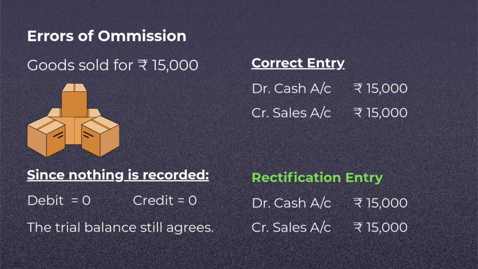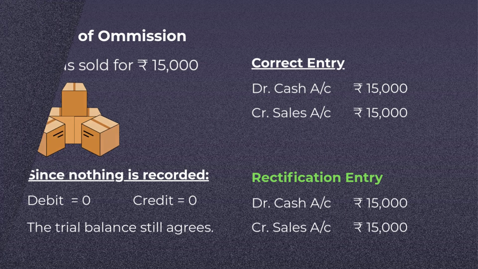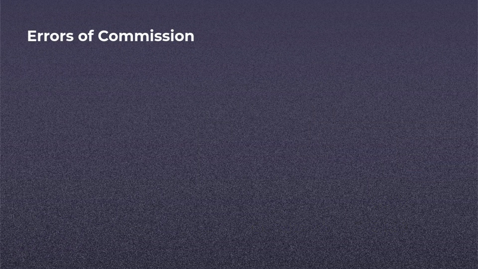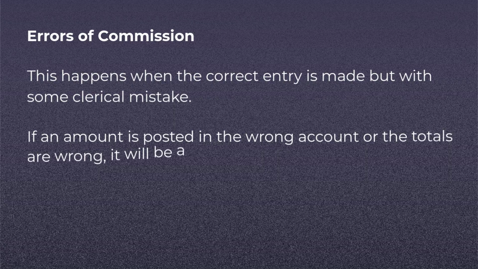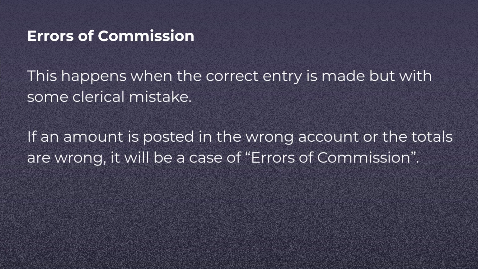Next is errors of commission. This happens when the correct entry is made but with some clerical mistake. If an amount is posted in the wrong account or the totals are wrong, it will be a case of errors of commission.